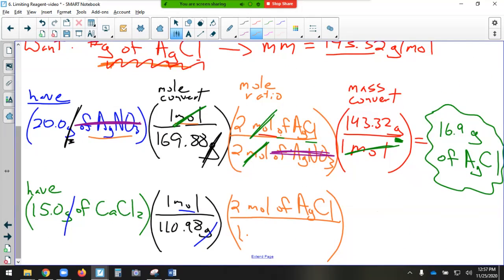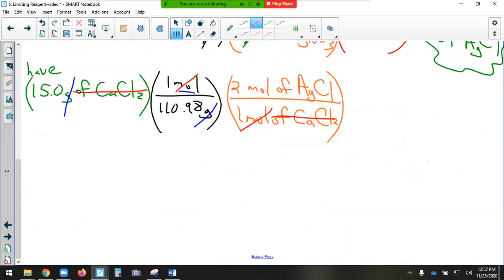So I have 1 mole of calcium chloride, CaCl2. Once more, your mole ratio is handy because it shows how one chemical cancels the other chemical off. That mole will cancel that mole, and then you get to proceed.